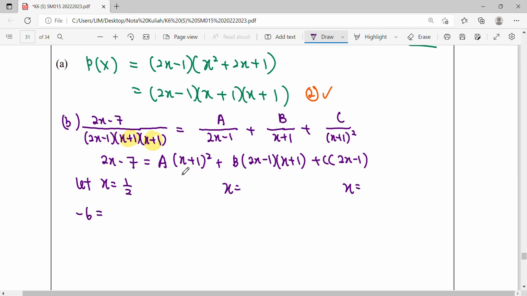Then 1 over 2 plus 1 is 3 over 2, squared, so it becomes 9 over 4 A. The 1 over 2 comes from this factor, so automatically it becomes 0. 0 times anything becomes 0. So simplifying, A gives you negative 8 over 3.